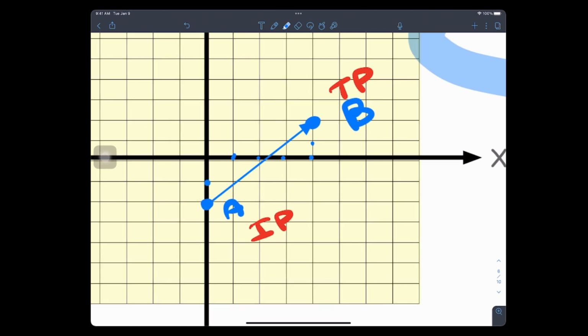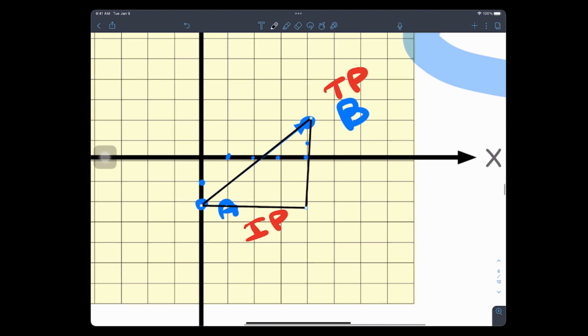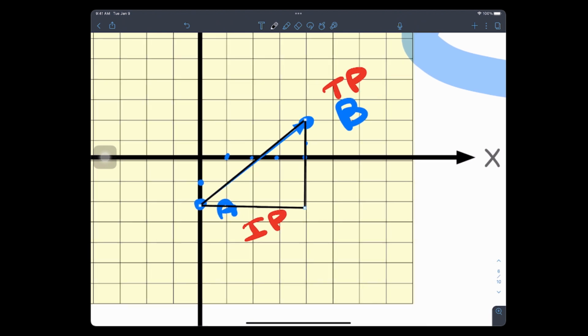So, I mean, if you wanted, you can say, is that going to give me this right triangle? Sure.